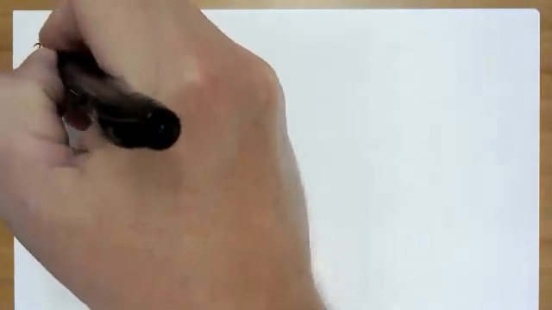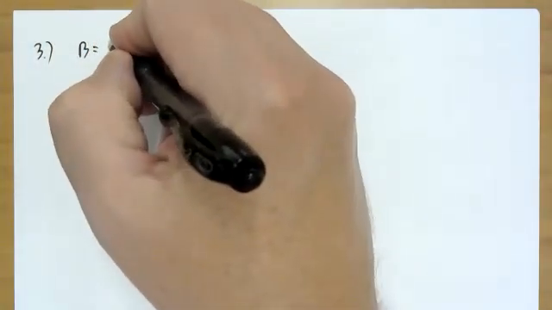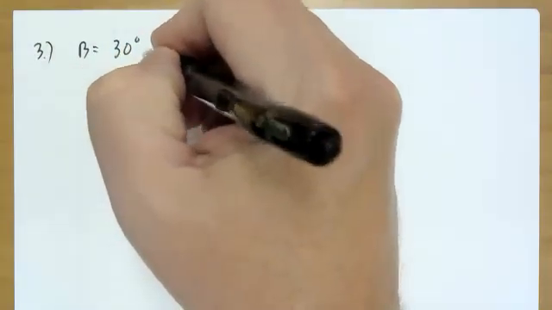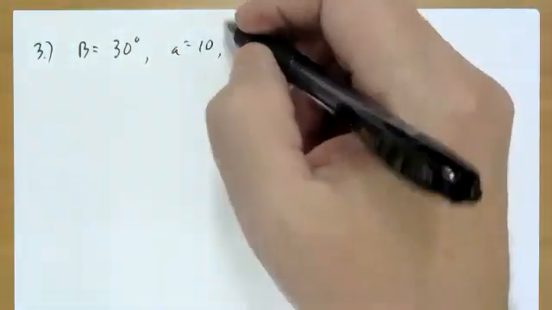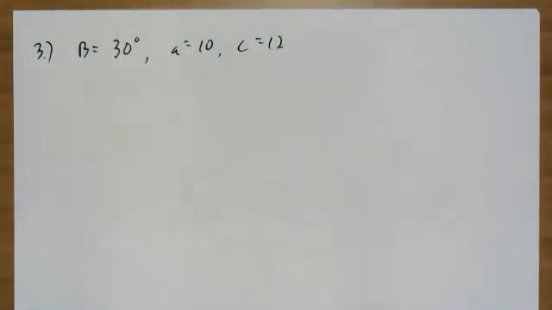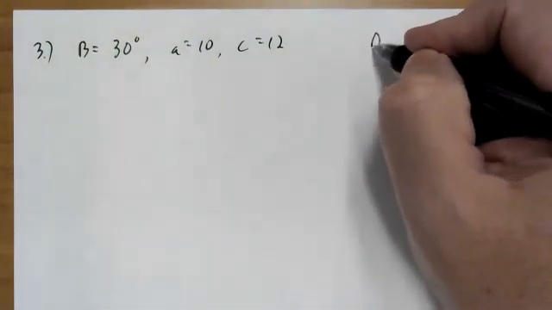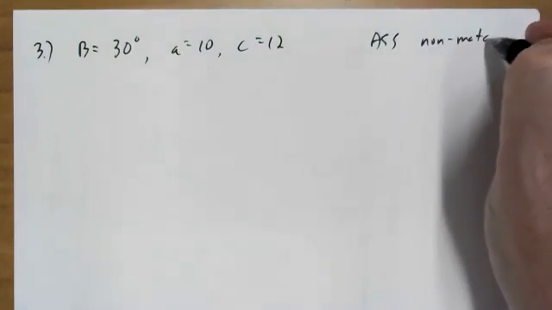Number 3, B is 30 degrees, A is 10, C is 12. So this is angle side, non-matching.